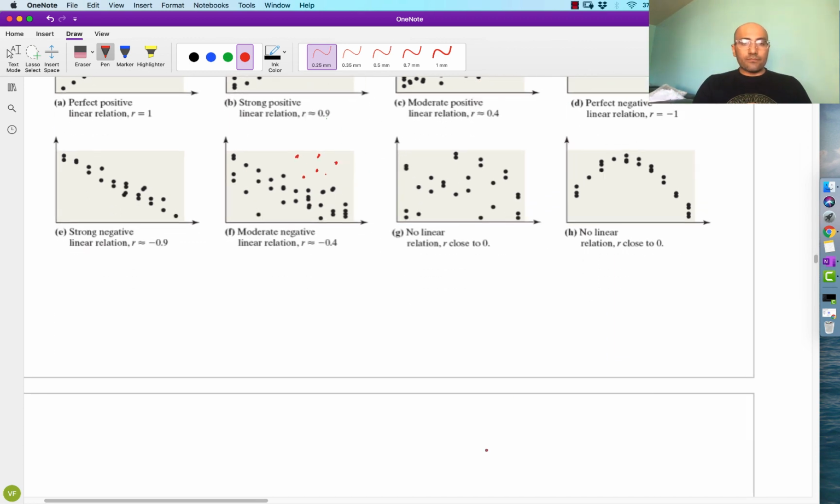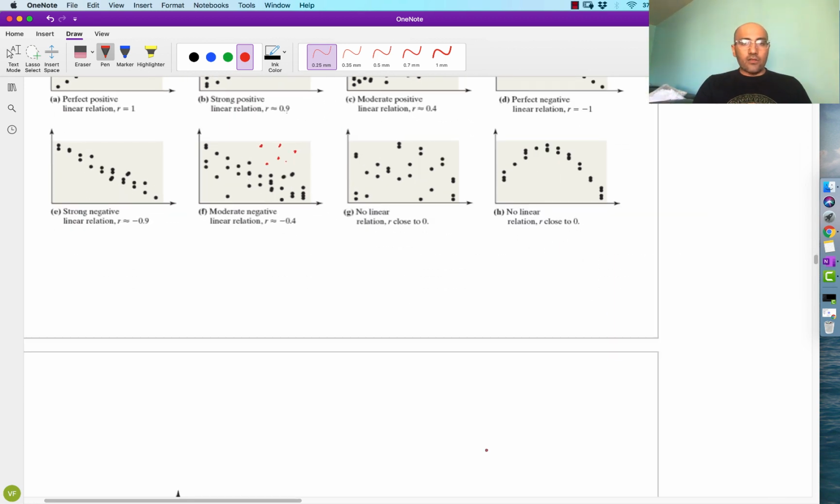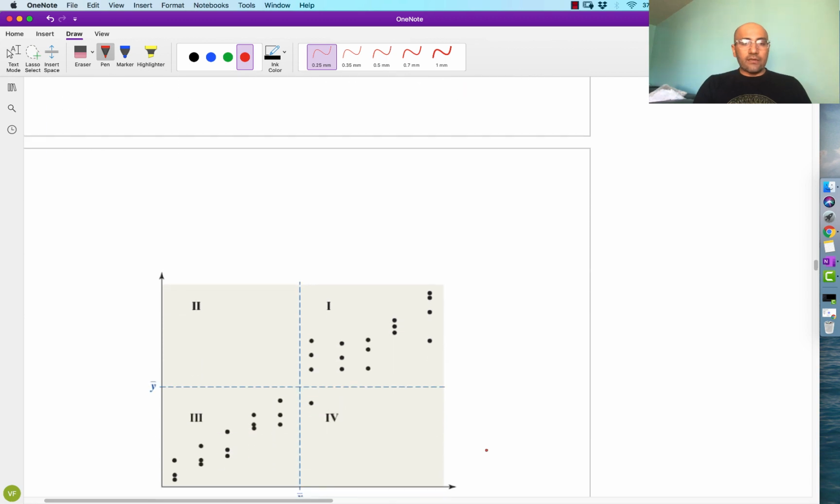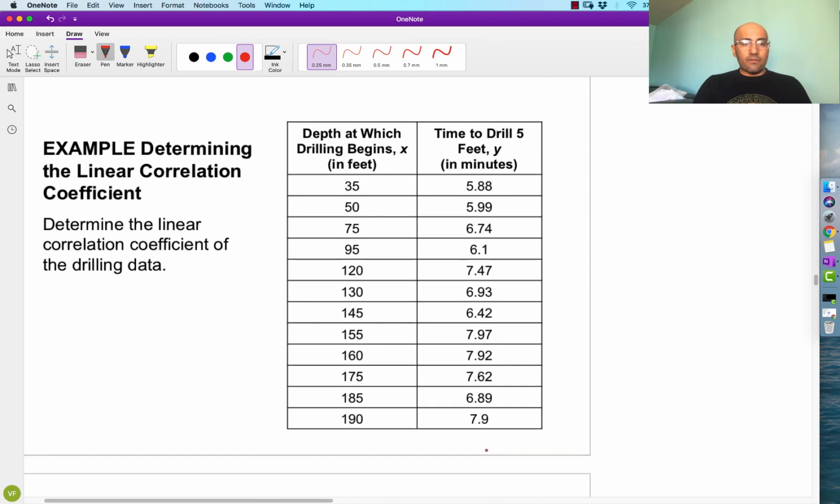Okay, so now let's get on to actually calculating the R value. Back to this information: to determine the R value associated with our drilling, at 35 feet it took us 5.88 minutes to drill another 5 feet.